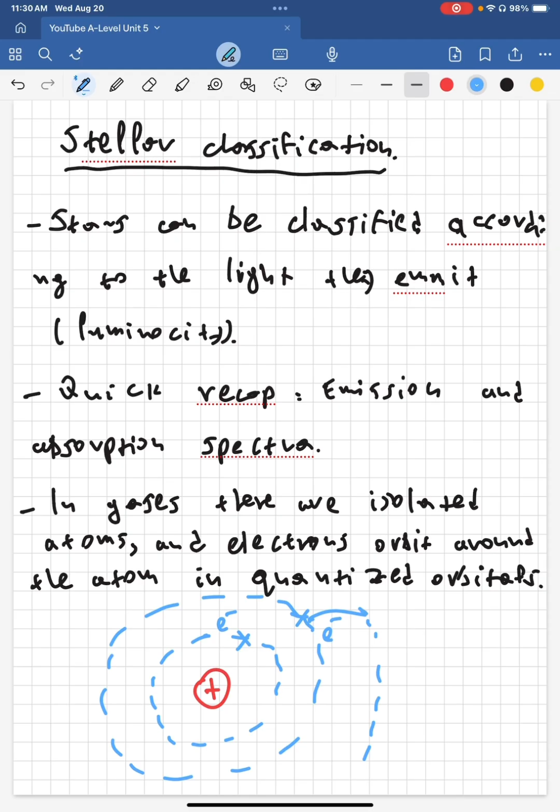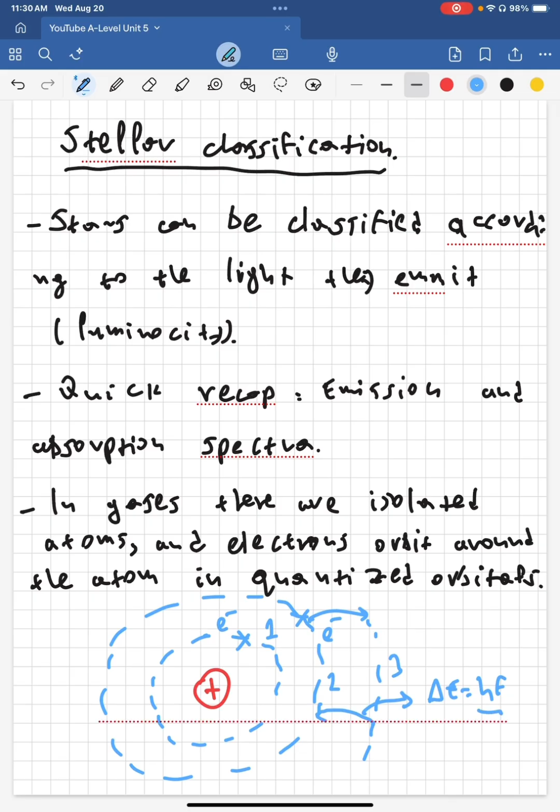So let's call this 1, 2, and 3. If an electron jumps from orbital 3 to orbital 2, it does so by emitting a photon with energy h times its frequency, and this quantity h times its frequency is equal to the energy.